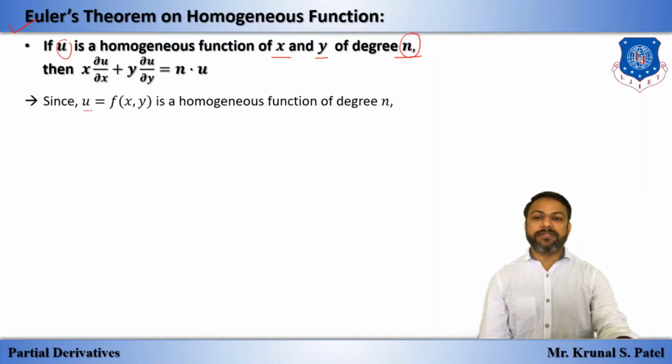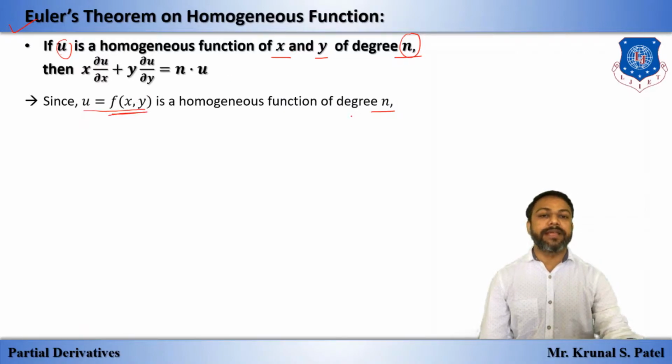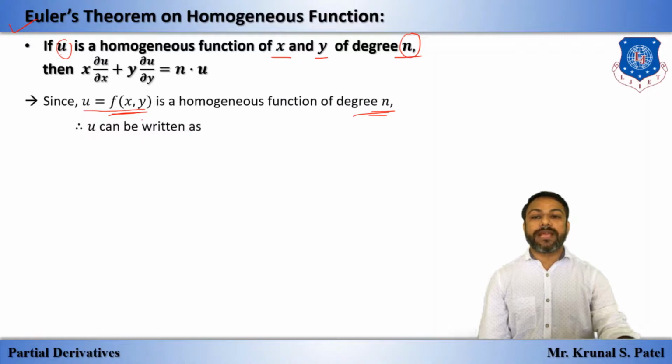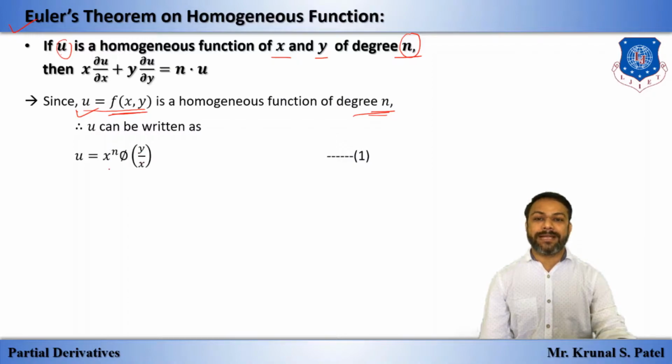Since u is equal to f of x comma y is homogeneous function of degree n, because it is given in the statement that u is homogeneous function of x and y with degree n. So we can write this u in the form of x raised to n into phi of y by x.